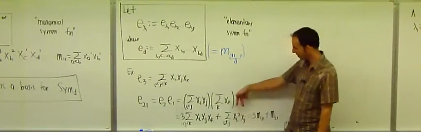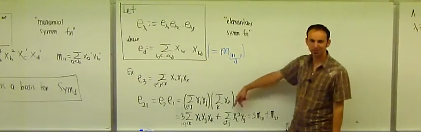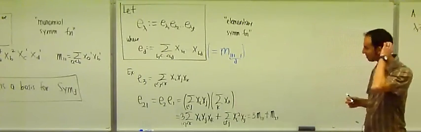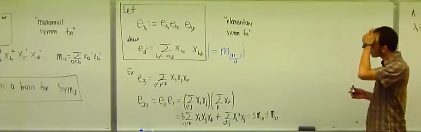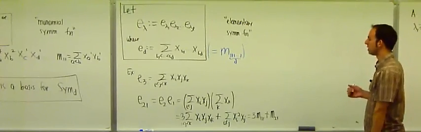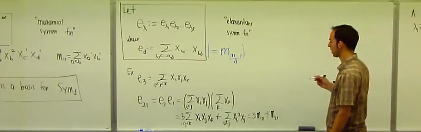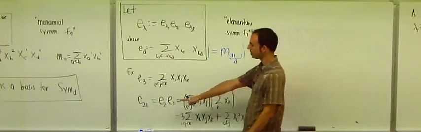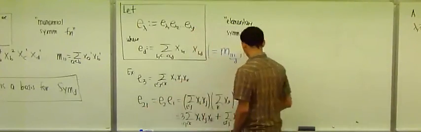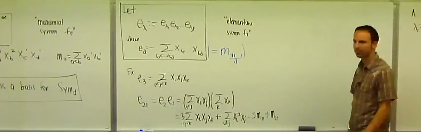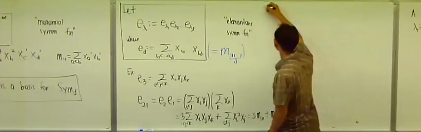So that means that here, xi, xj squared is also hiding. I didn't write it, but it's also in there. And so this is how you write E21 in terms of monomials.